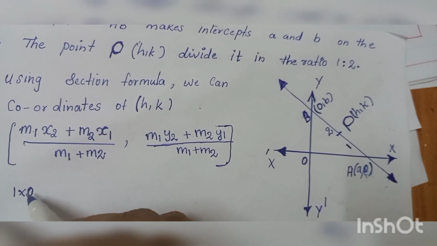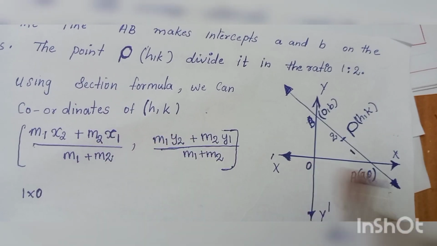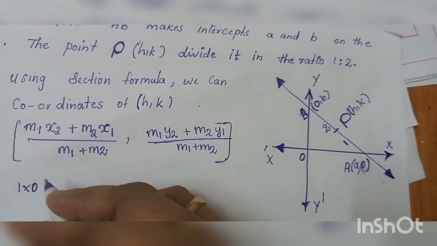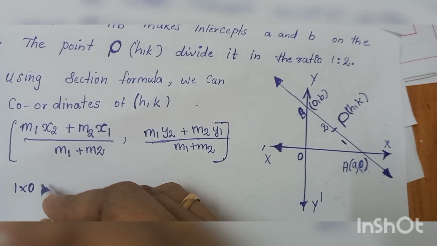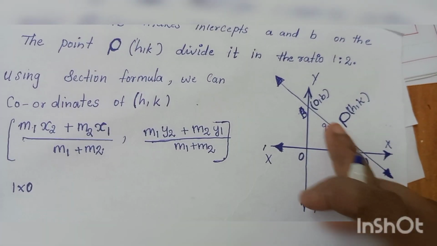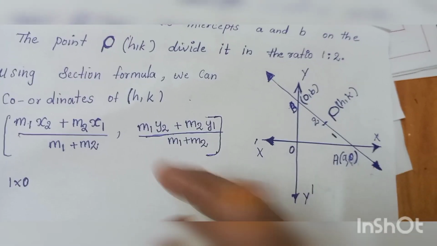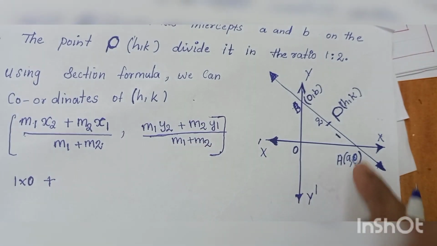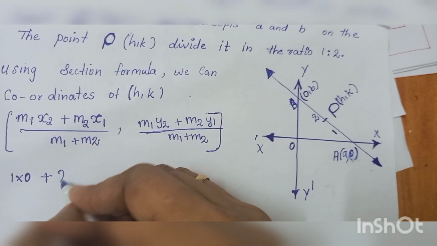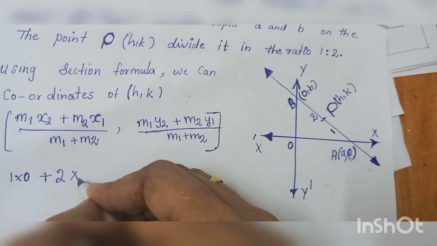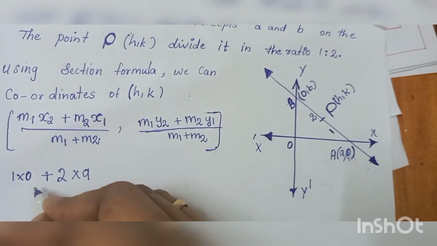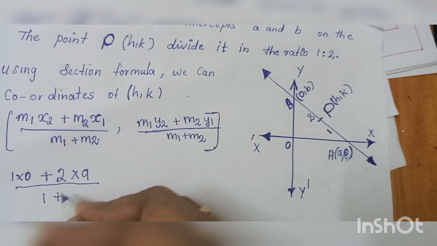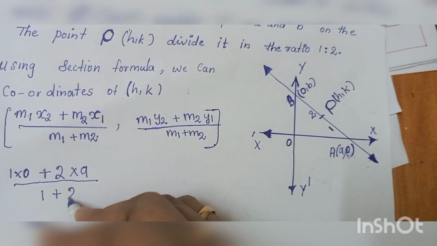So 1 into 0, the ratio is 1:2. What is x2 here? x2 is 0 plus m2, which is 2. What is x1 here? a. Whole divided by 1 plus 2, m1 is 1 and m2 is 2.